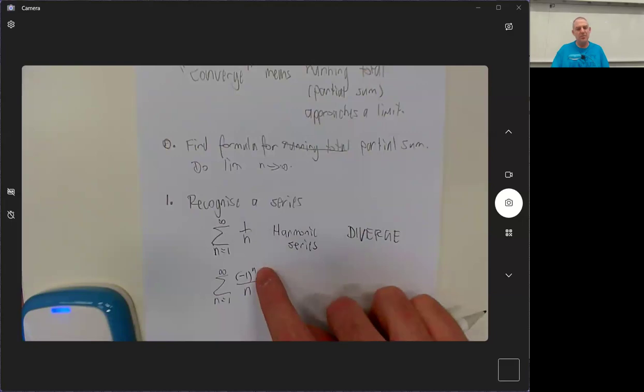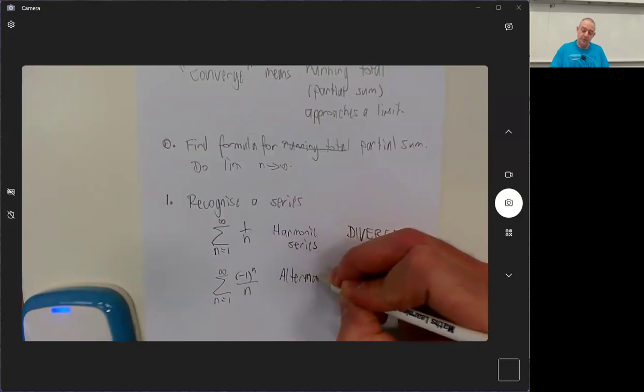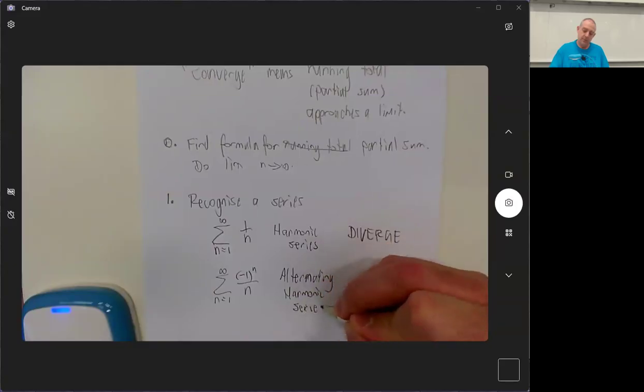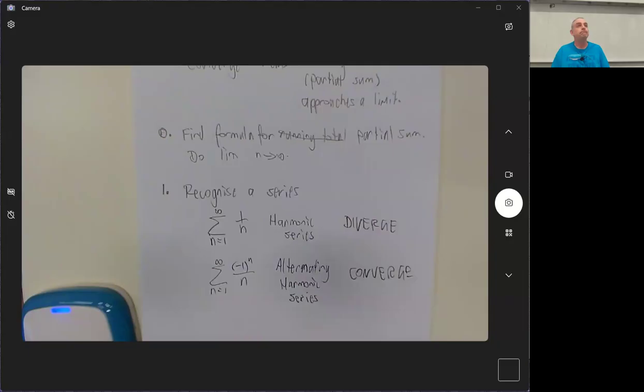It may be that this is an n plus 1 and this is an n, or that they don't match, but it doesn't matter. This is called the alternating harmonic. And that converges. Yay! To, I believe, ln 2, if I recall correctly.